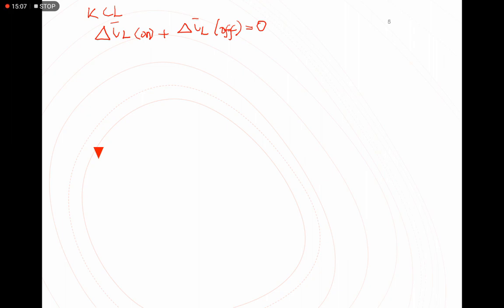So we have delta IL, which is Vs minus V0 over L, multiplied by DT.